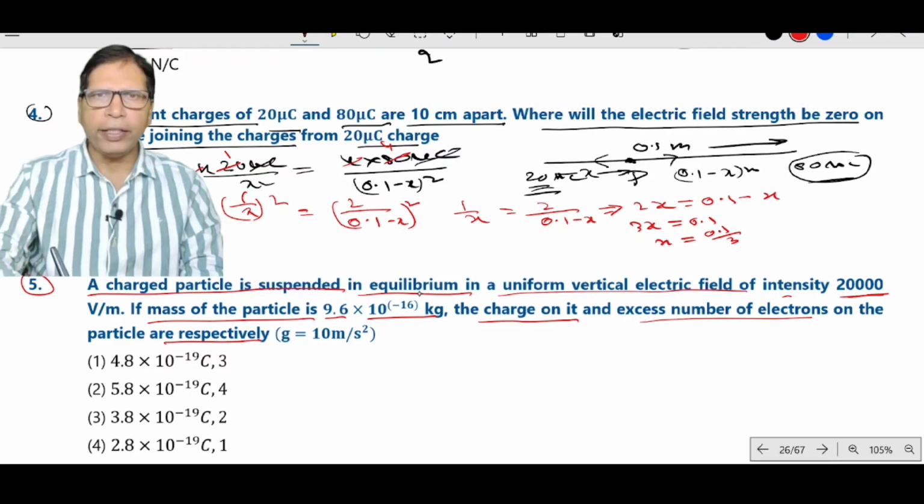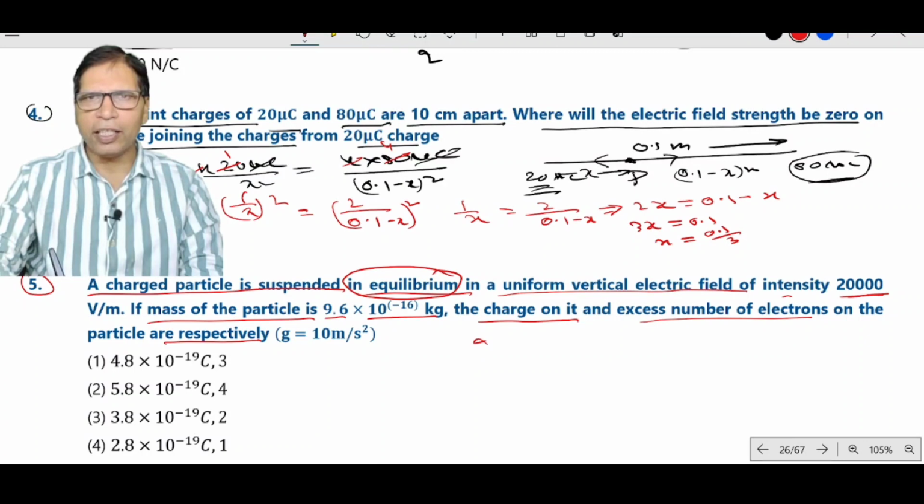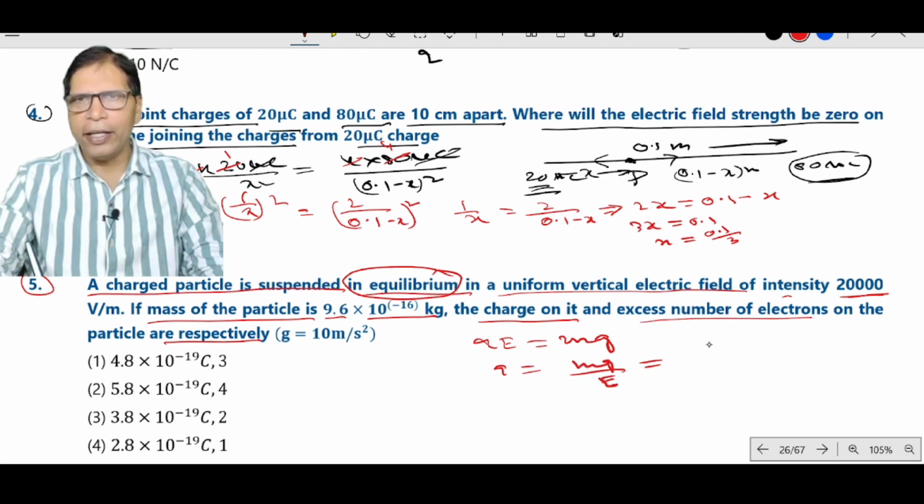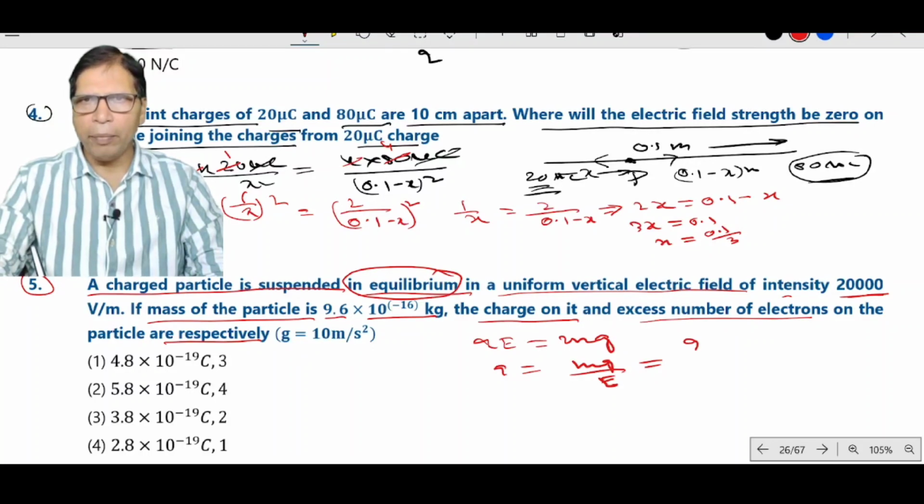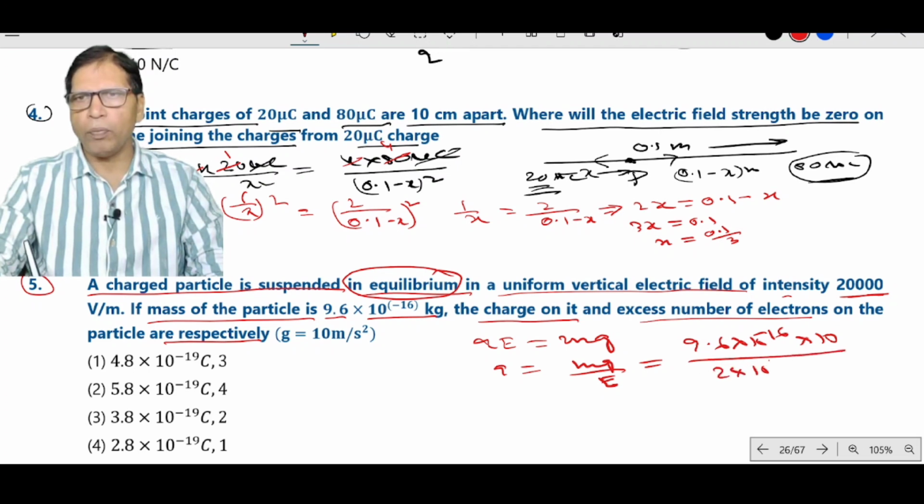Okay, so look at this, as it is in equilibrium, here QE equals mg. So here Q equals mg by E. Look at this here, m equals 9.6 into 10 to the power minus 16, and g is 10, and electric field is 2 into 10 to the power 4.